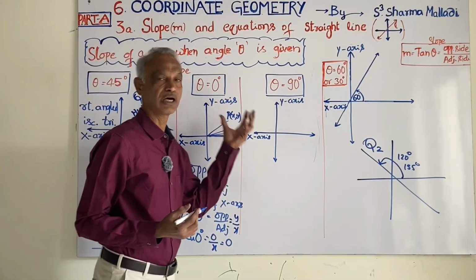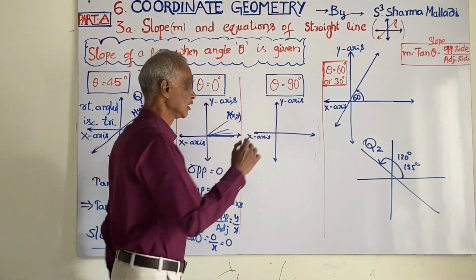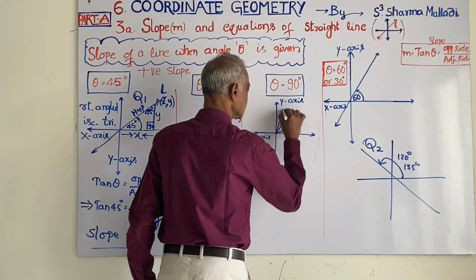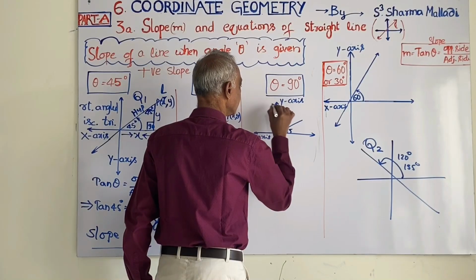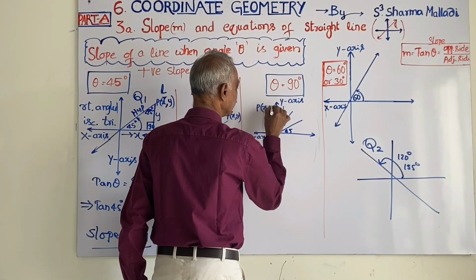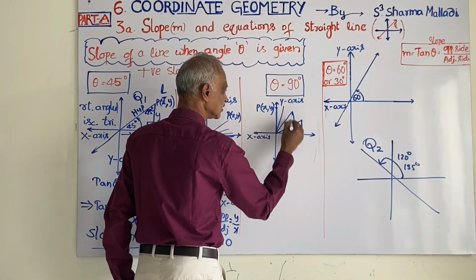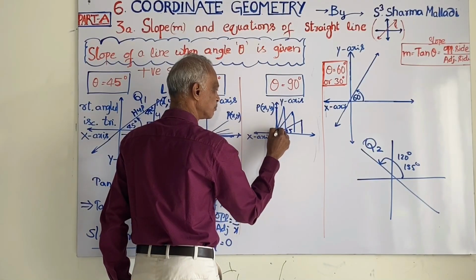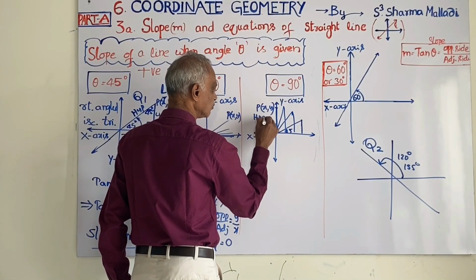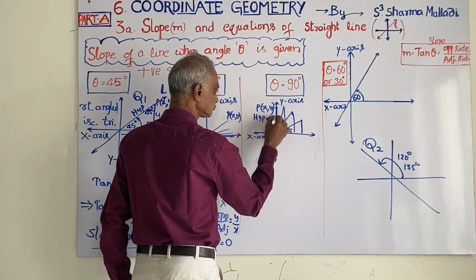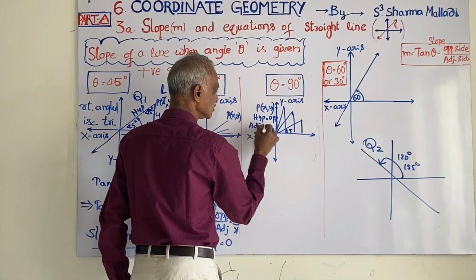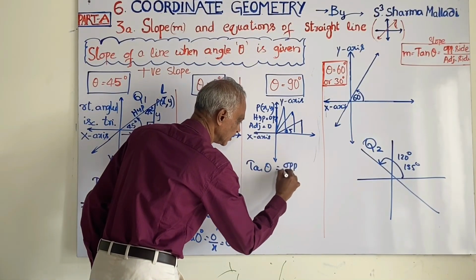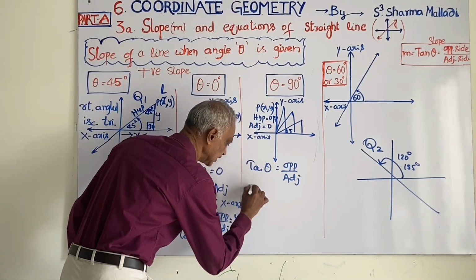Then what is the slope of the line when theta is equal to 90 degrees? This is 45, this is 60, this is 80, and here we have to take a point (x, y). Here the opposite side is increasing and the adjacent side is decreasing. The opposite side falls on the hypotenuse, so hypotenuse equals opposite side, and the adjacent side becomes 0. Now you know tan theta is equal to opposite side by adjacent side.